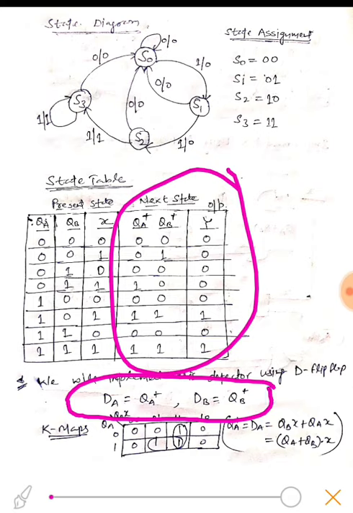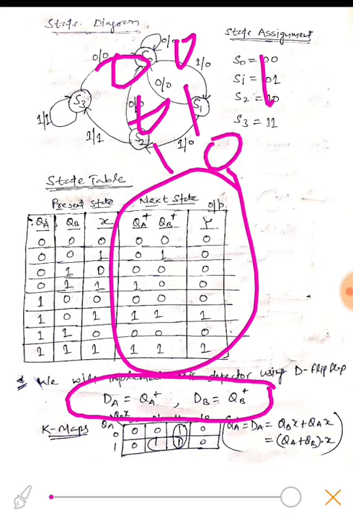As we have 4 states and we require 2 bits, that is 00, 01, 10 or 11, to represent our states, we need 2 flip-flops, because one flip-flop will store 1 bit. So we need 2 flip-flops to store the state of the system.